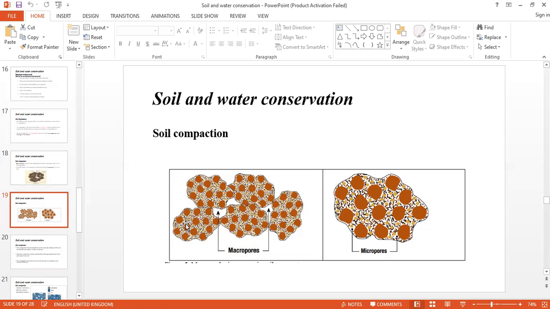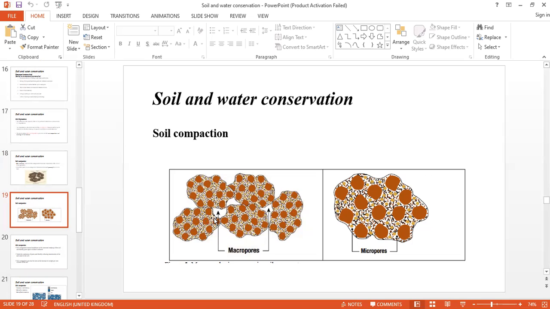They are the ones that make the soils stick together. This can be organic matter or sesquioxide, another cementing agent which holds the soil together. When it holds the soil particles together, two types of pores result.